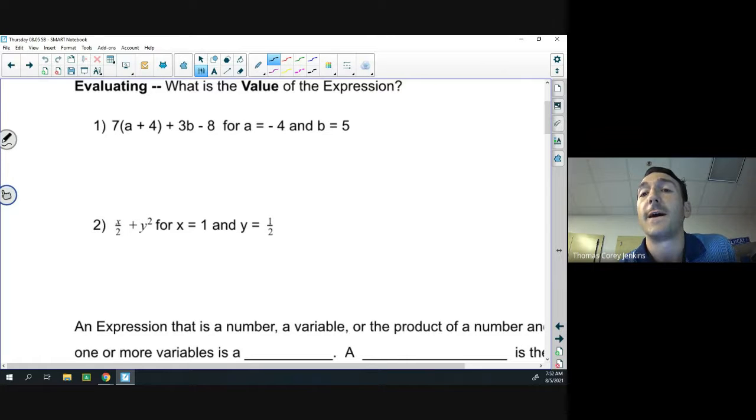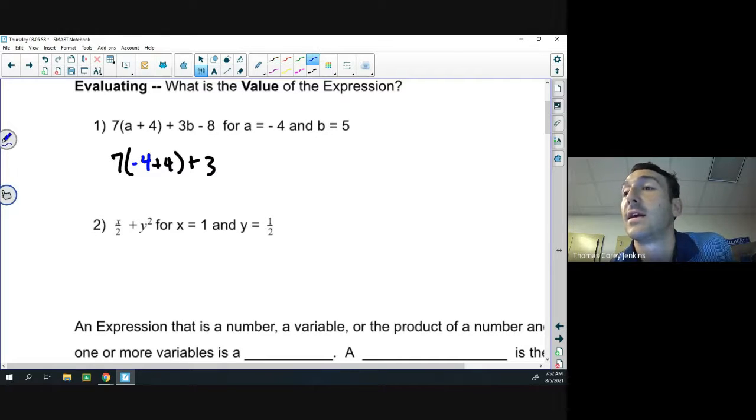Okay, so we have 7 times the quantity, and then we're going to go ahead and sub -4 in there, plus 4, plus 3, and then sub 5 for b, and then minus 8.